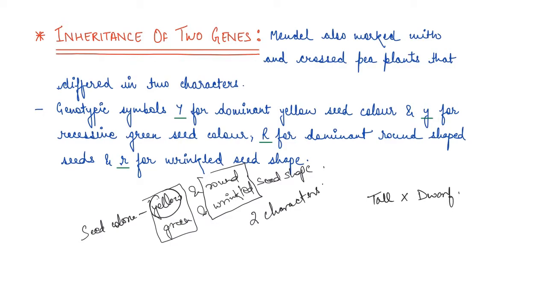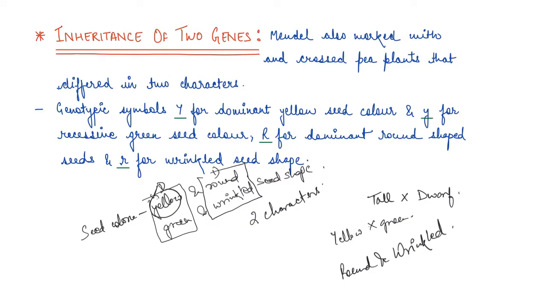Now, these results were identical to those that he got when he made separate monohybrid crosses between yellow and green, and round and wrinkled. So he found that yellow is dominant and round as well is dominant.